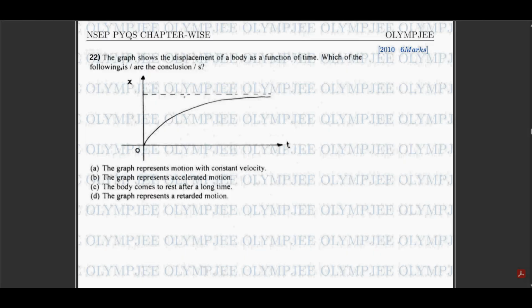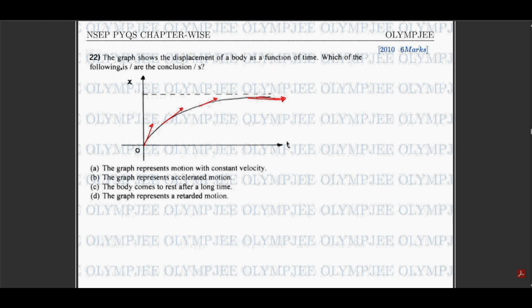So question 22 says that the graph shows the displacement of a body as a function of time. Which of the following are conclusion? So we can see that the body is coming to rest, as let us analyze the slope. First the slope is like this and slope is like this.